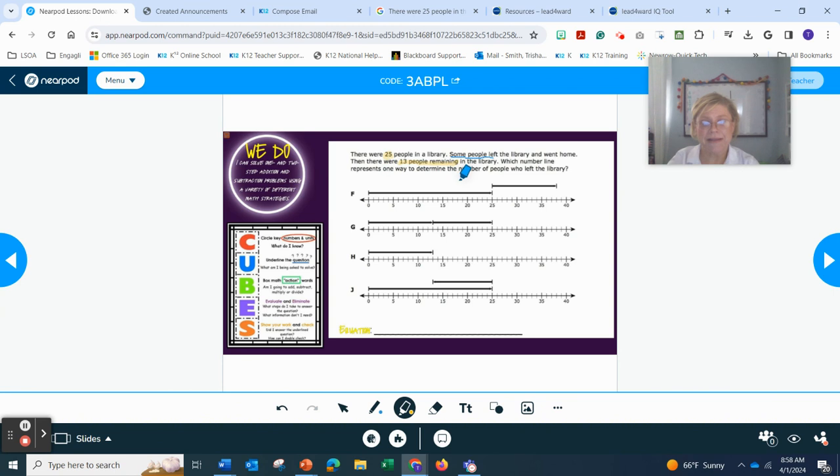Which number line represents one way to determine the number of people who are left at the library? So we want to find which one of these works. Starting to get worse. If you keep asking yourselves, why do I keep pausing? I'm getting sick. I do apologize. I really do.